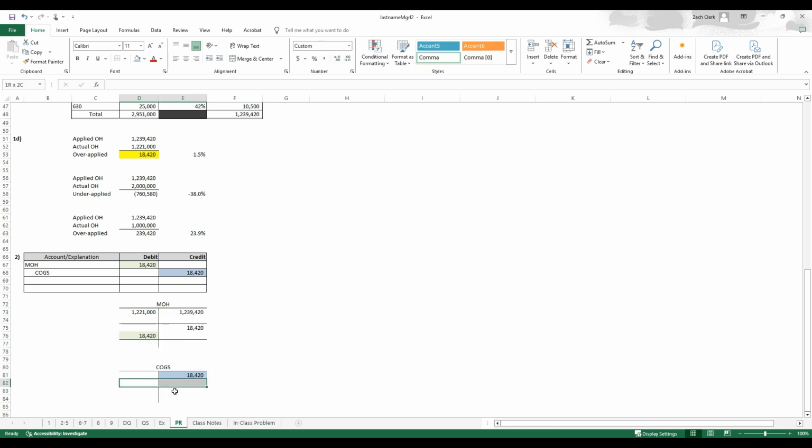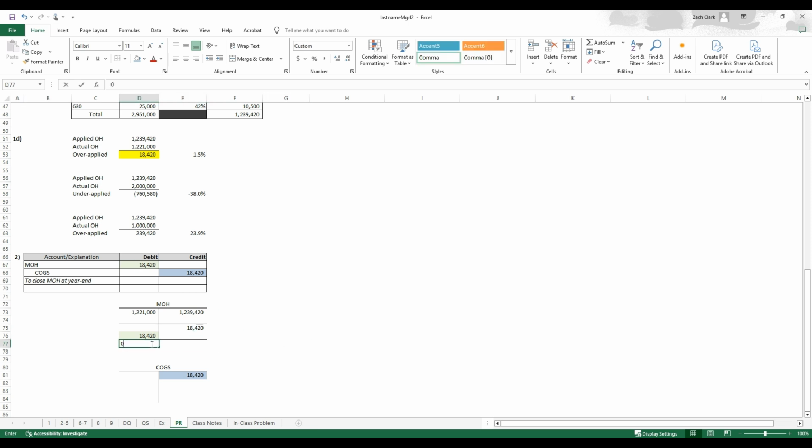And there's a bunch of other activity in cost of goods sold already. This is just the effect of this last journal entry. And we can say to record, to close manufacturing overhead at year end. Let's put that on like that, to the left side, aligned, italicized, and yeah.